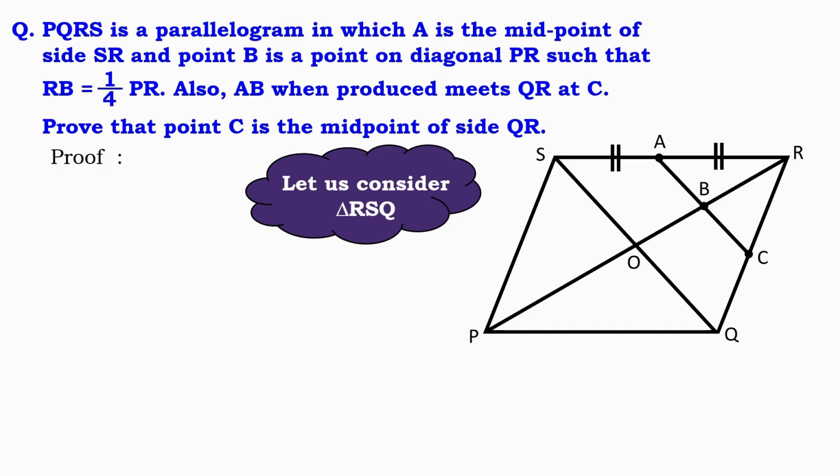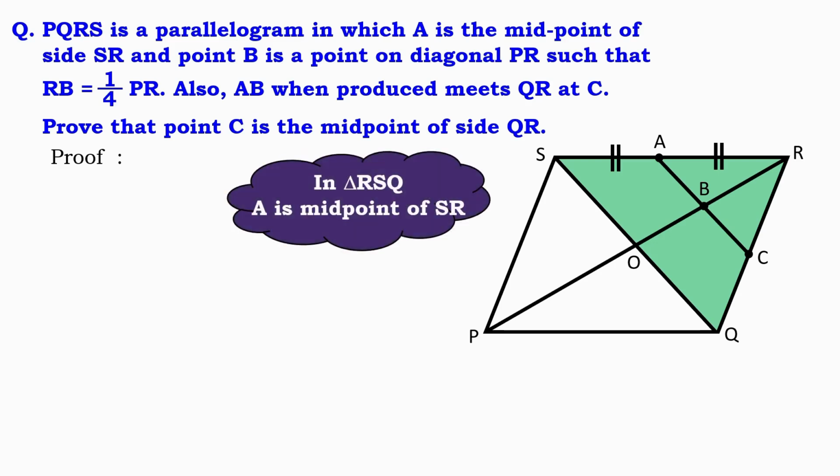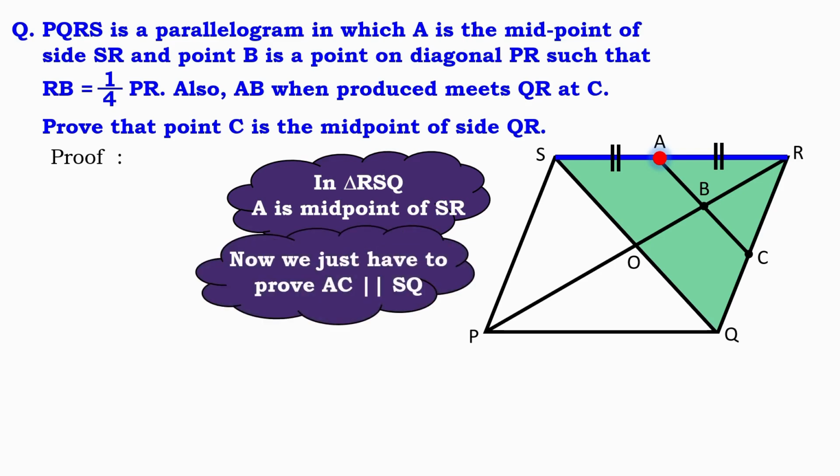So let us consider triangle RSQ. In triangle RSQ, A is the midpoint of SR. Now we just have to prove that AC is parallel to SQ. If we can prove that, then we can apply the converse of the midpoint theorem and we can prove that C will be the midpoint of RQ.